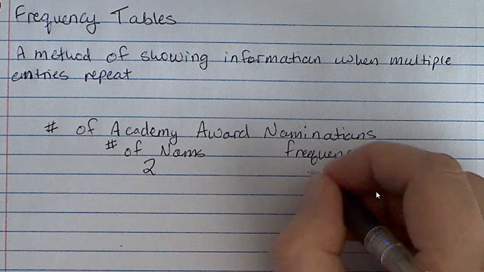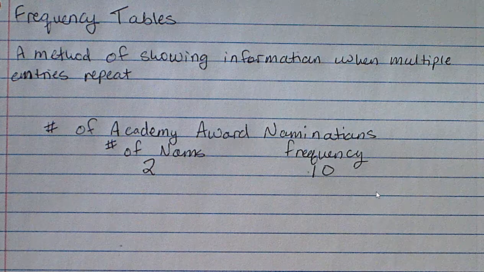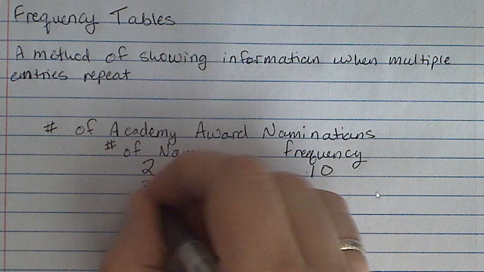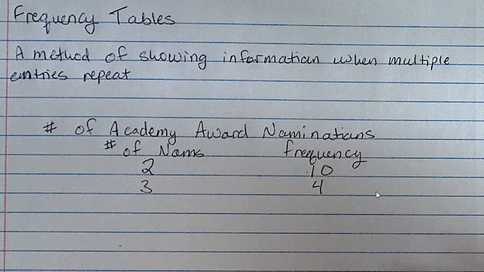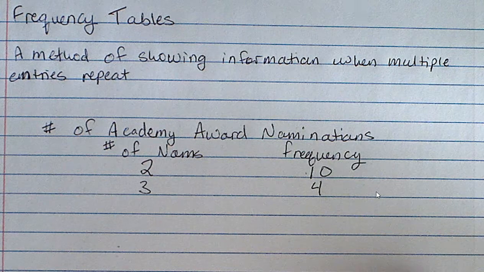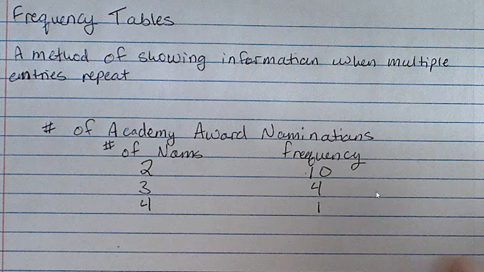So say that there were 10 movies nominated twice. And then say that there were some movies that were nominated 3 times, and maybe there were 4 movies nominated 3 times. And then 4, maybe there was 1 movie nominated 4 times.